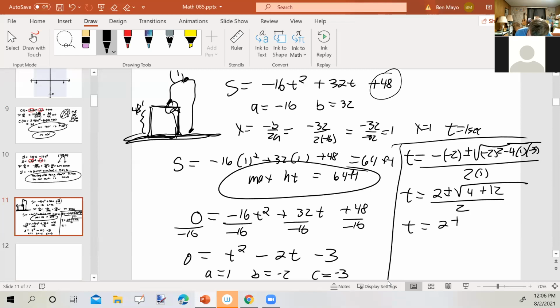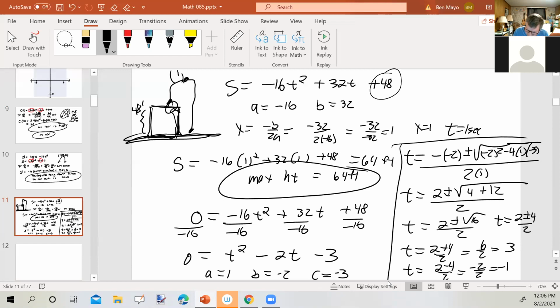T equals 2 plus or minus the square root of 16, over 2. T equals 2 plus or minus 4, over 2. So t equals 2 plus 4 over 2, which is 6 over 2 or 3, or t equals 2 minus 4 over 2, which is negative 2 over 2, which is negative 1. So we're getting t equals 3 and t equals negative 1.